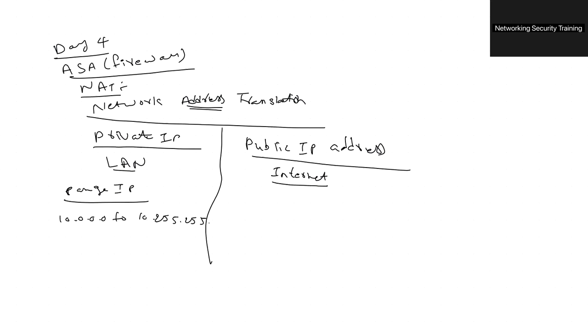And the public IP address range is 0.0.0.0 to 255.255.255.255.